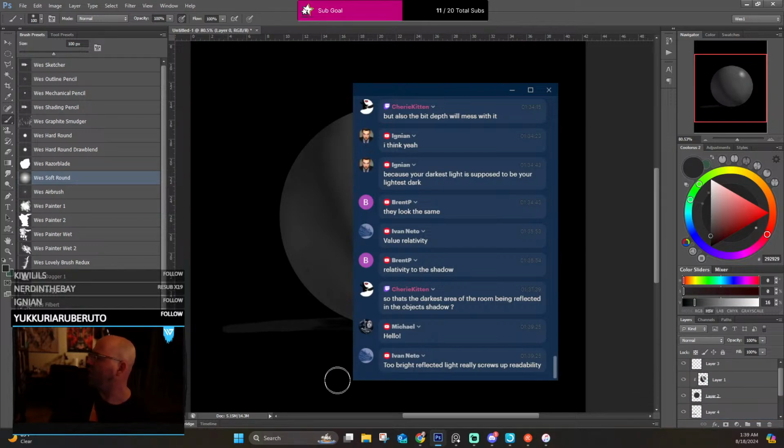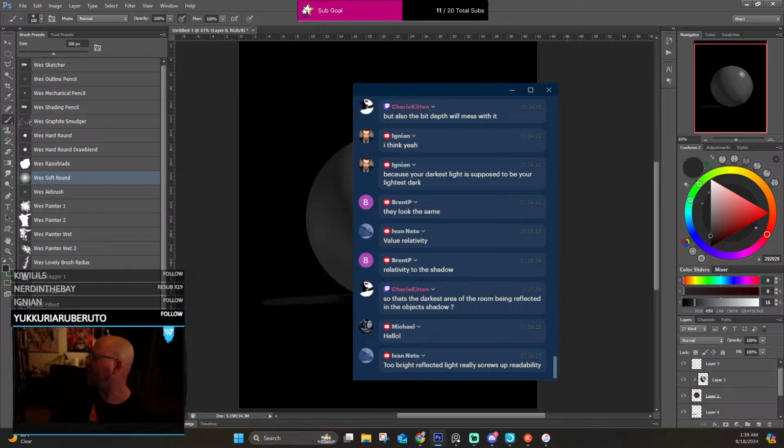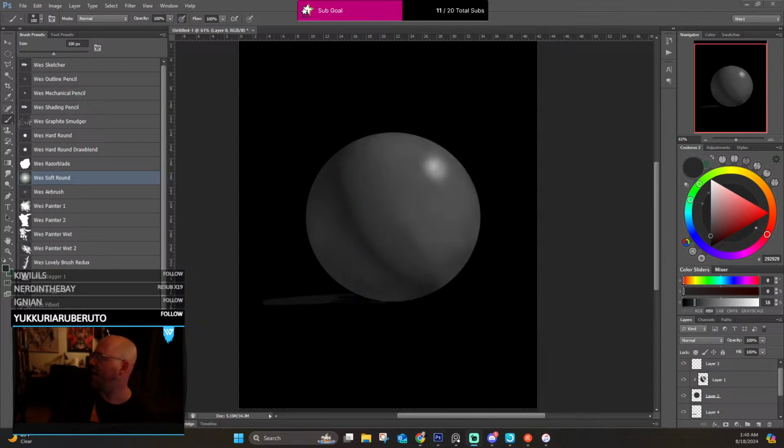Okay. So one, that shadow doesn't make any sense, right? So I'm going to get rid of this value composition, I'll hide this real quick, because now it doesn't make sense at all. Because let's go here. We have the terminator, right?